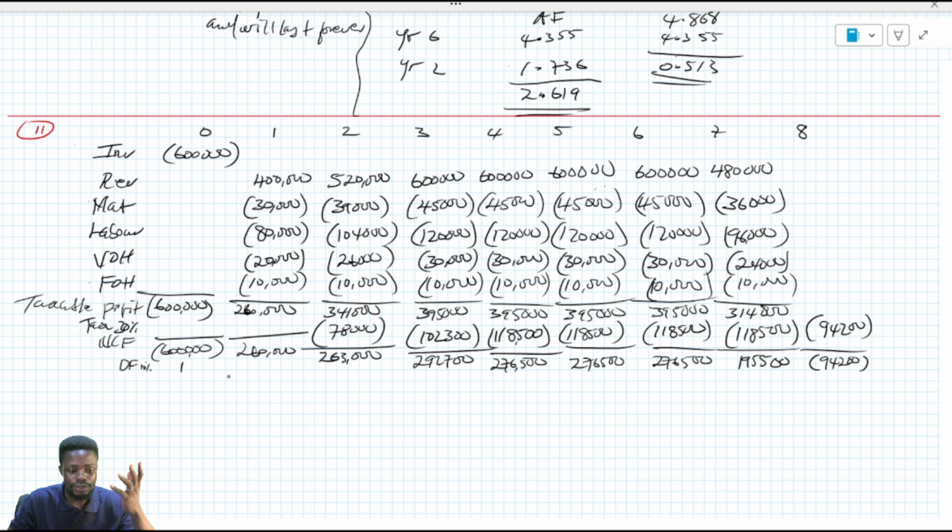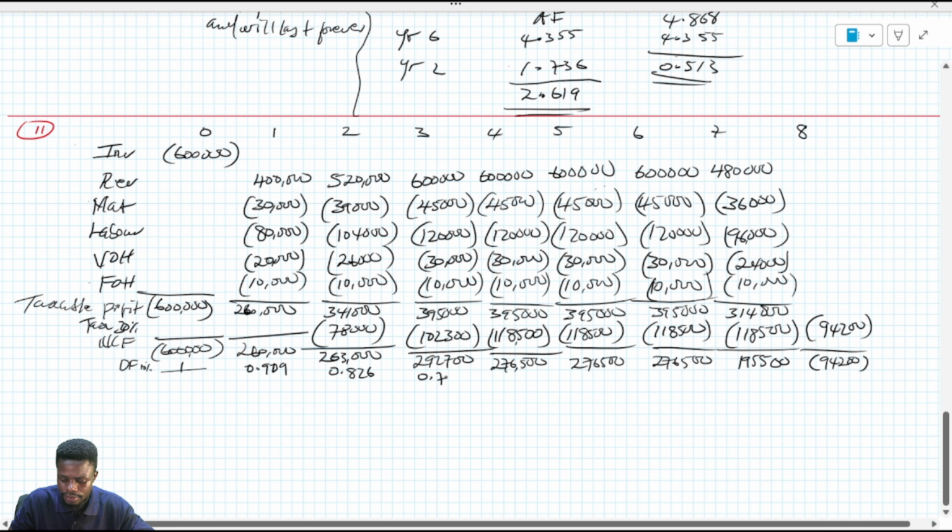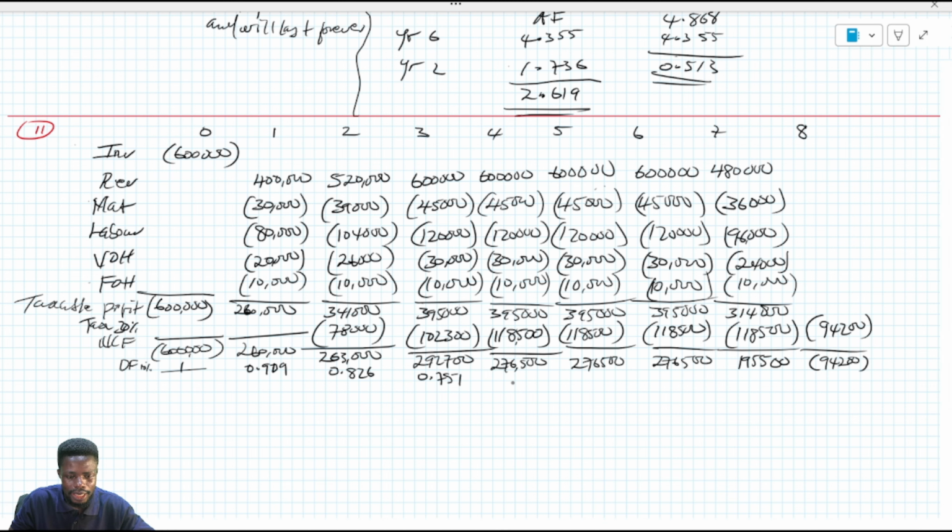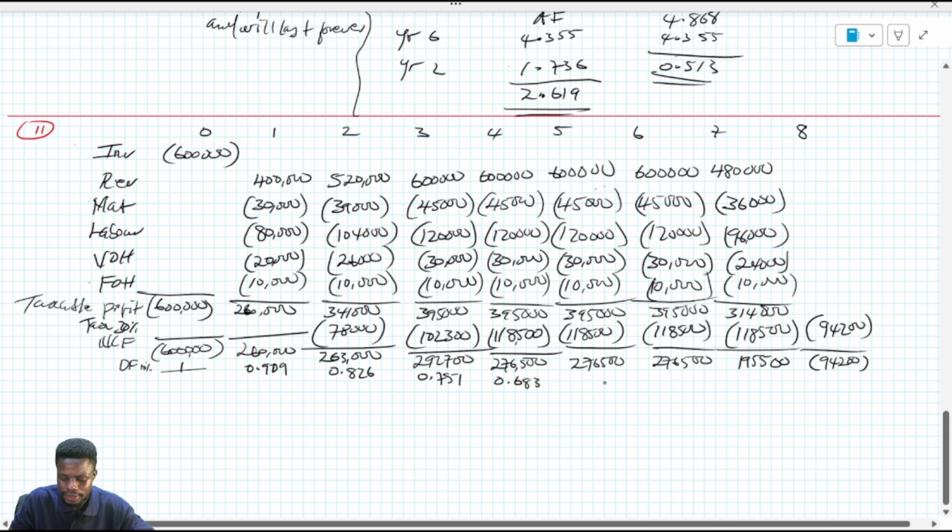So 10% at year 0 is always 1, not 0. 10% at year 1, 0.909. 10% at year 2, 0.826. 10% at year 3, 0.751. 10% at year 4 is going to give you 0.683.